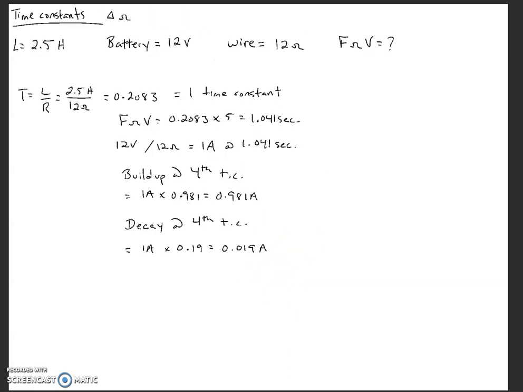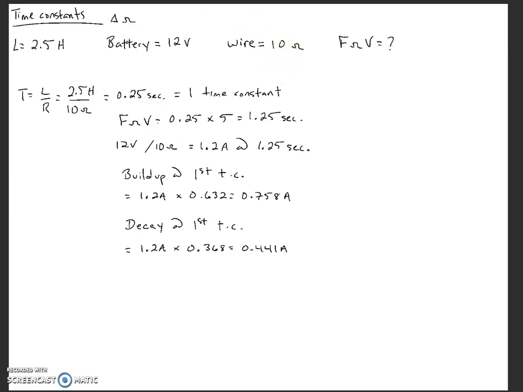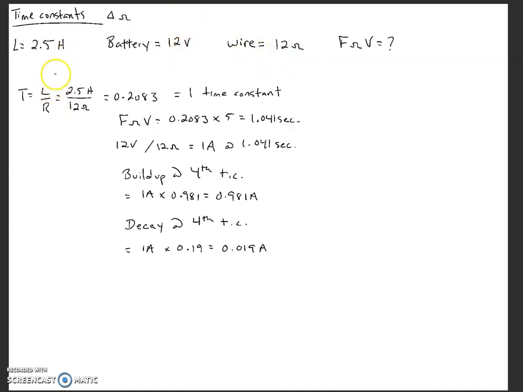So if we change it up, watch what's going to happen to the time constant as we change the values here. We have an L of 2.5 henries, and we're going to change the resistance. Battery 12 volts, wire 12 ohms. To our numbers, 0.2083 seconds equals 1 time constant.